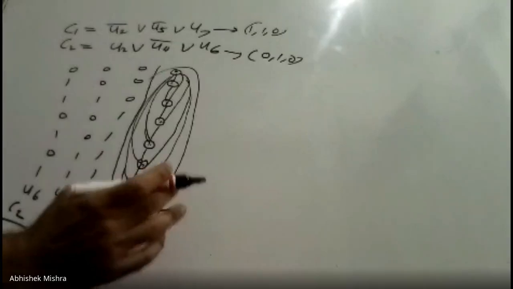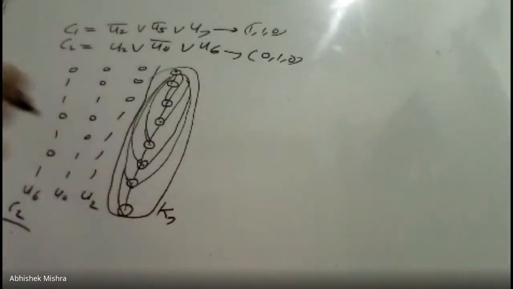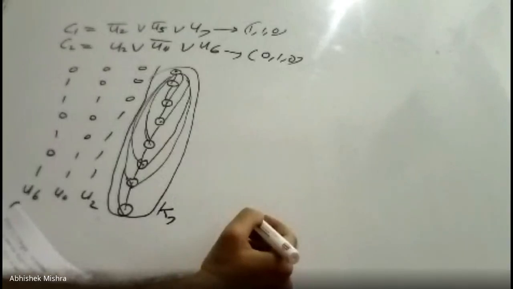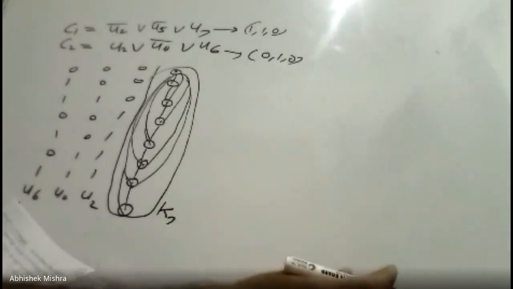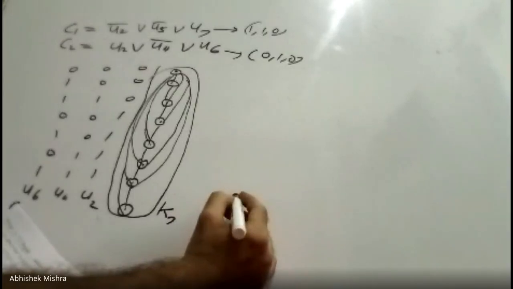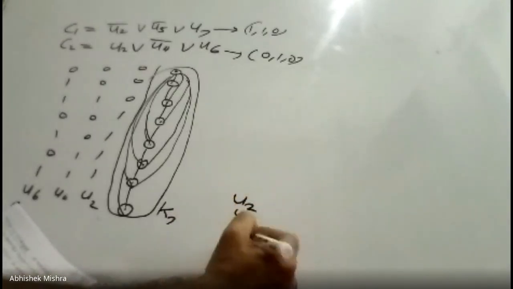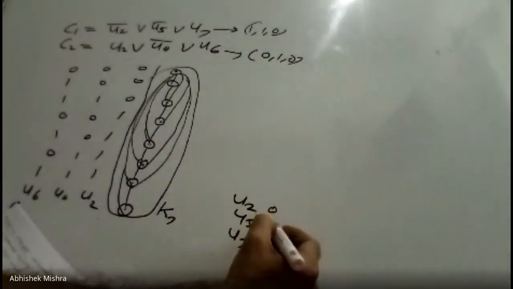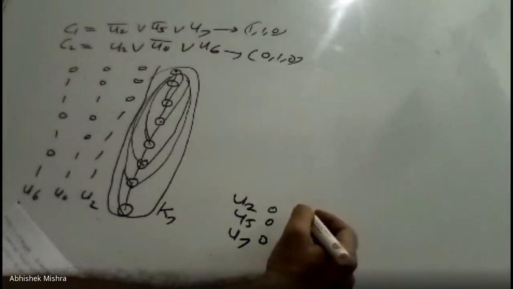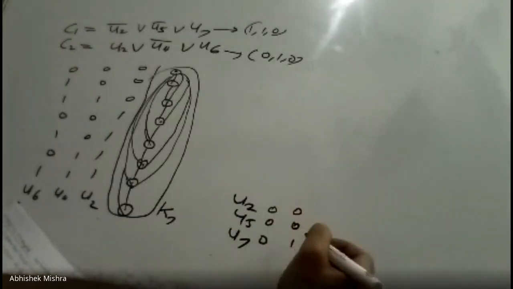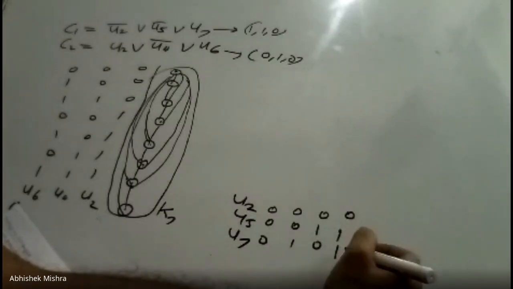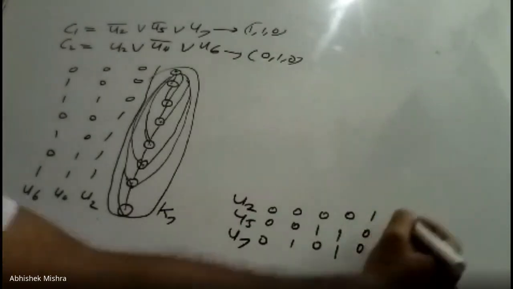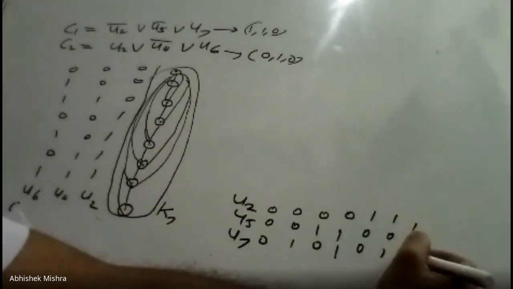Similarly, we make the cluster for C1. Here we have U2, U5, U7, with assignments 0 0 0, 0 0 1, 0 1 0, 0 1 1, 1 0 0, 1 0 1, 1 1 1.